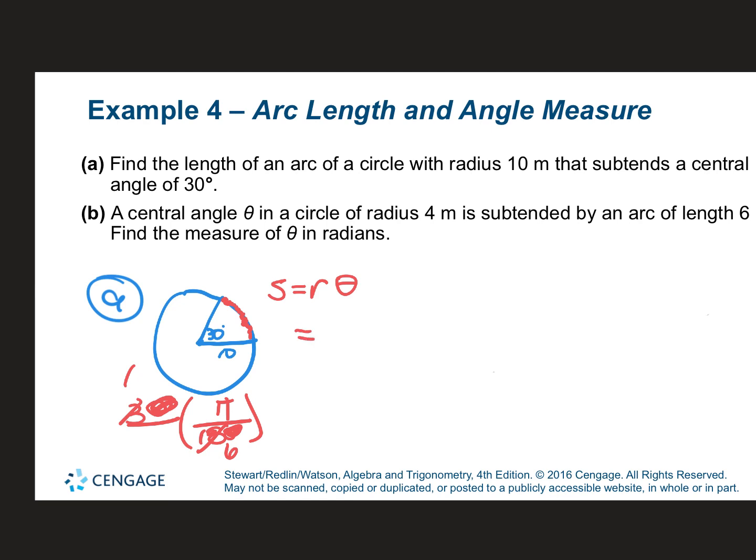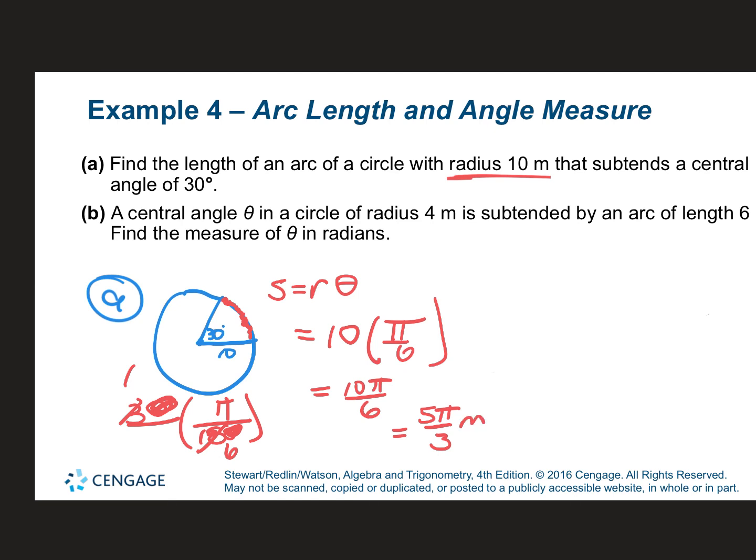Pi over 6 in radians. What did they tell me the radius was? 10. So you literally go 10 times pi over 6. So this becomes 10 pi over 6, and simplify your fraction. What goes into both 10 and 6? So it'd be 5 pi over 3 meters.